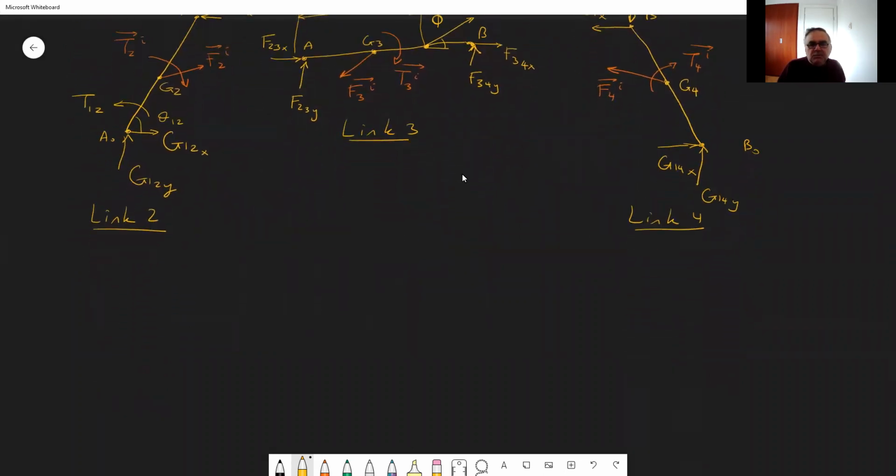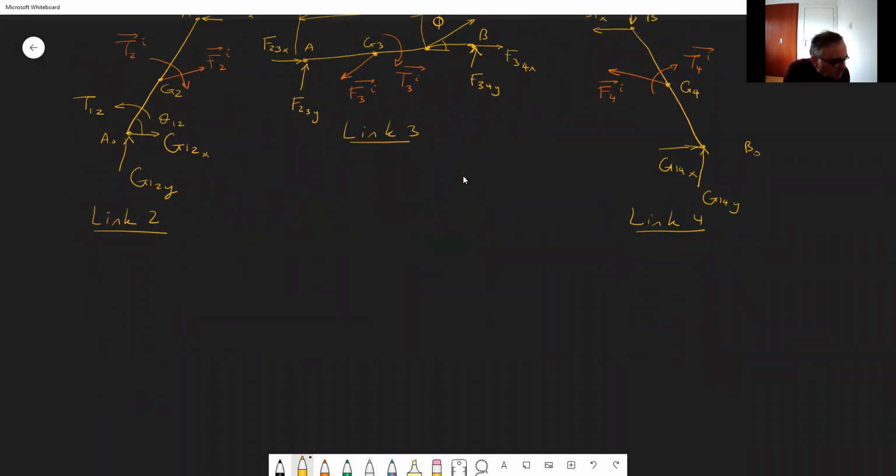So we need to write the equations for each of them. First of all, let's check our equations and let's check our unknowns first. G12x, G12y. These are unknown, right? T12 is unknown.